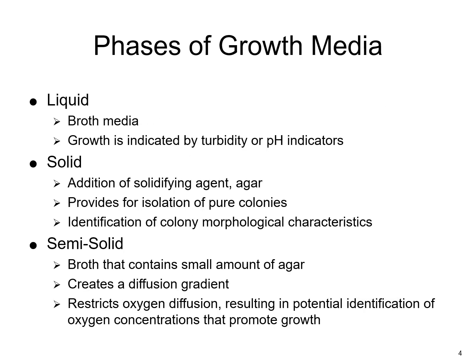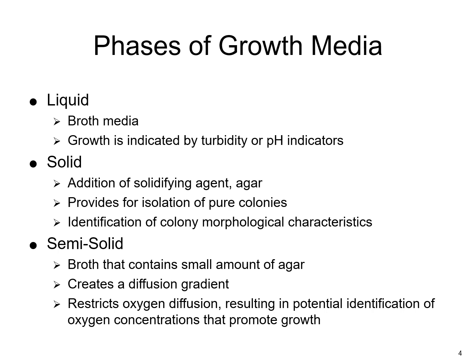So just to kind of recap, you can use liquid media, which is a broth, and to understand if growth is in it, you need to understand that you're looking for turbidity, those organisms actually growing in it.